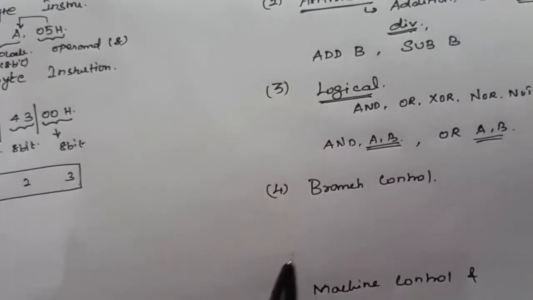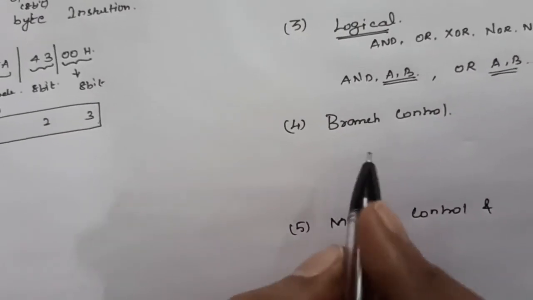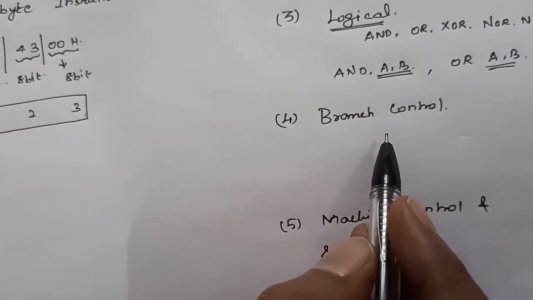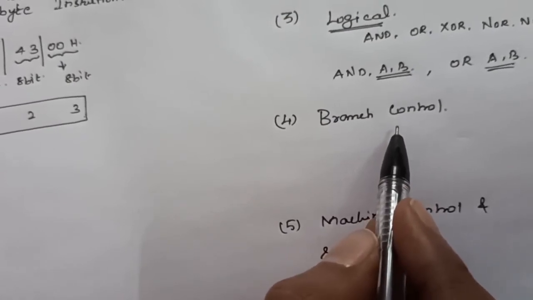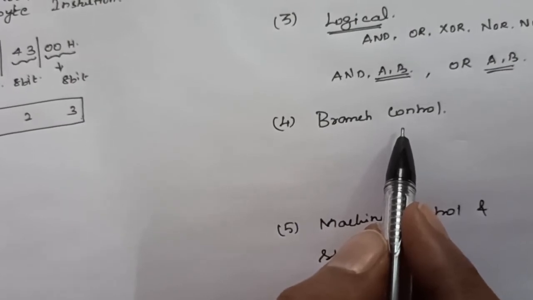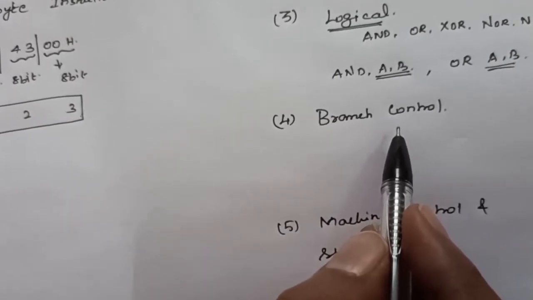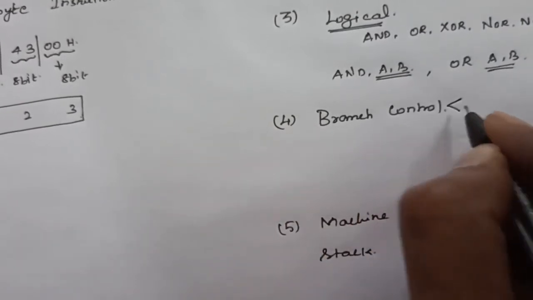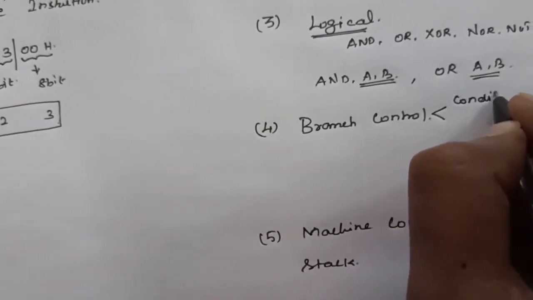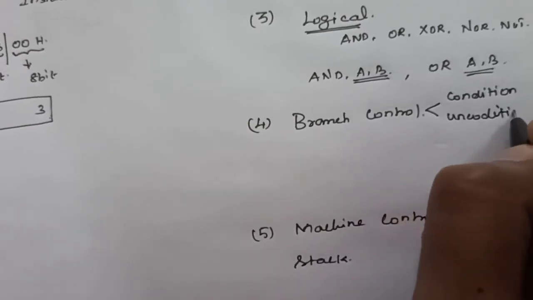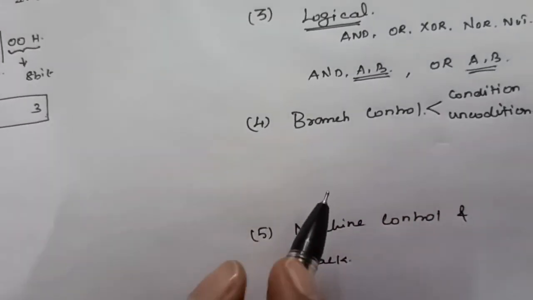Okay. So next one, branch control group. In this type of instruction, you can check the condition. If the condition is satisfied, it moves to the corresponding location. Suppose the condition is false, it executes the next instruction. So branch group instructions are basically classified into conditional group and unconditional group.